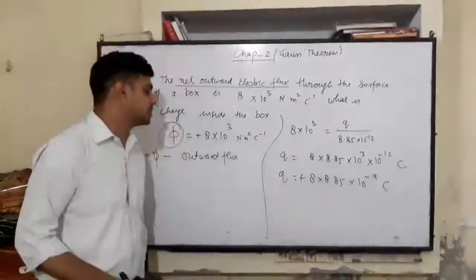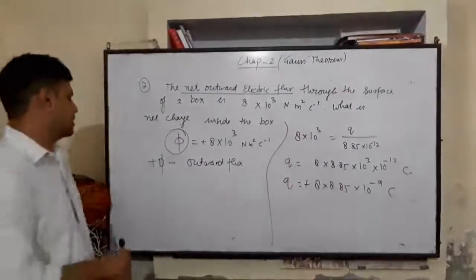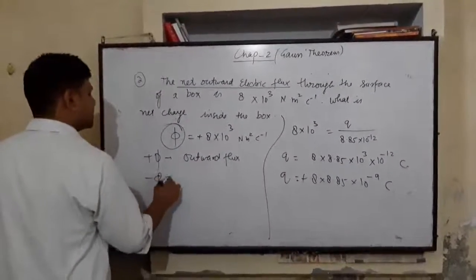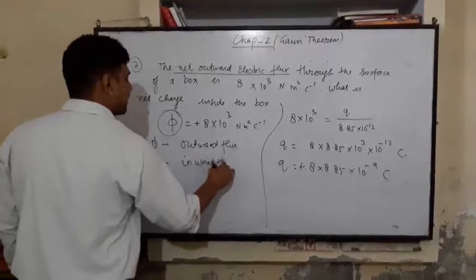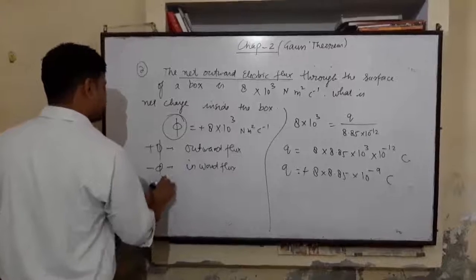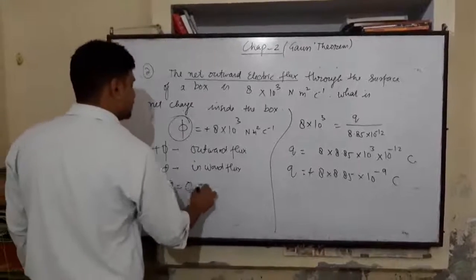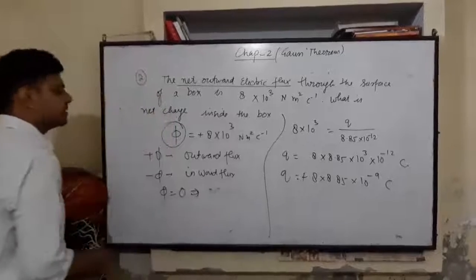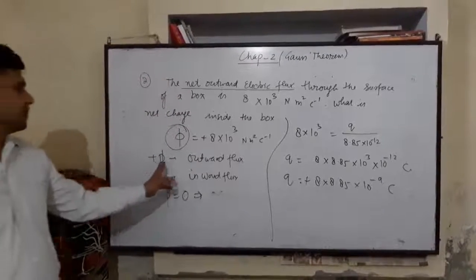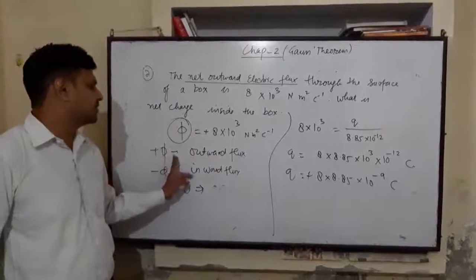Positive flux means outward flux. Negative flux means inward flux. And if flux is zero, it means there is no electric flux.